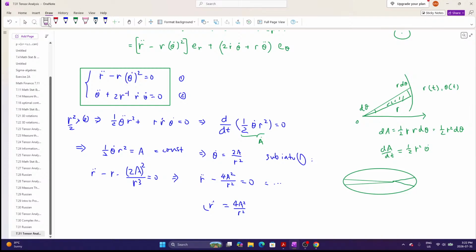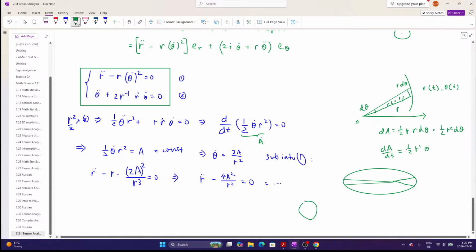Actually, over a year ago, I did a video on calculating the falling time of an object from a great height. That would be pretty much the exact same problem. It's a differential equation, and the force is a nonlinear term like this.